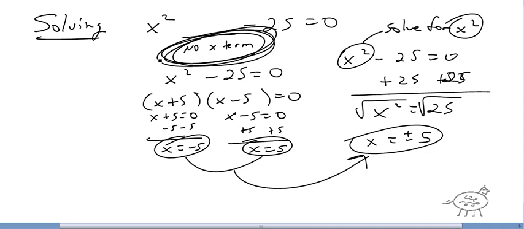Alright, so let's look at another problem here. So if I gave you 4x squared minus 49 equals 0. I could factor that, but again, I have no x term.